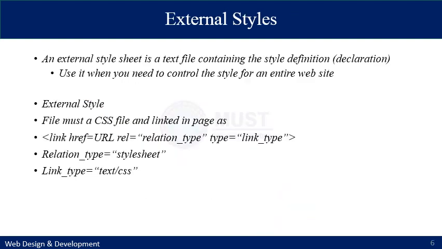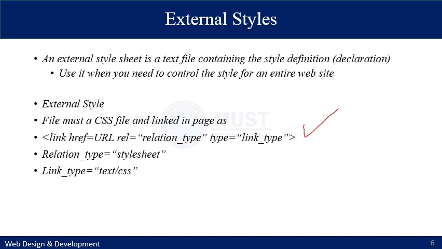Similarly, an external style sheet is a text file containing the style definitions. Use it when you need to control the style of the entire website. It is the most preferred and suitable way to style your web application. So an external style is referred to as a link in your head element, and it has a file that must be a CSS file and linked to a page.